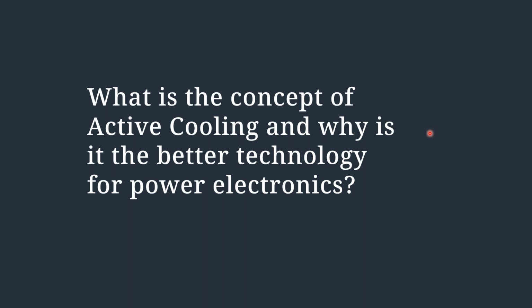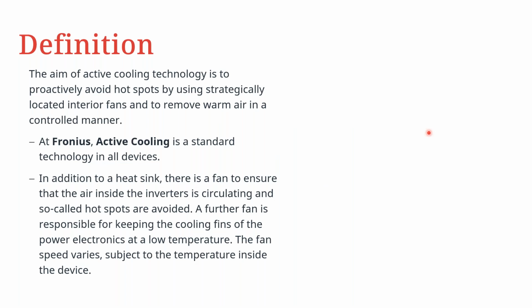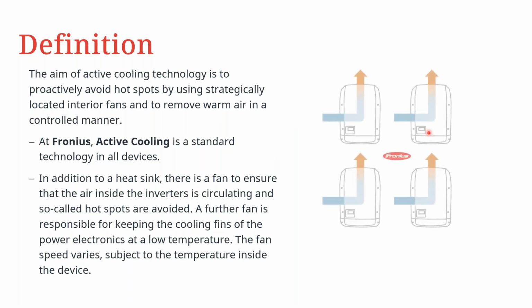So what is the concept of active cooling, and why is it a better technology for power electronics? By definition, we can look at this as a technology that is proactively put there to avoid hotspots from developing within an electronic device. The fans are used to remove warm air from the inverter in a controlled manner.